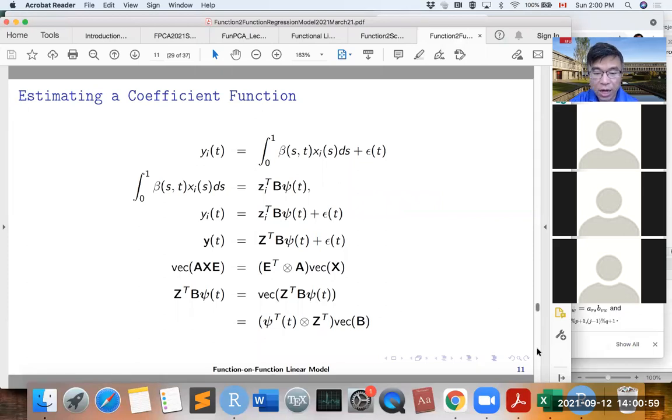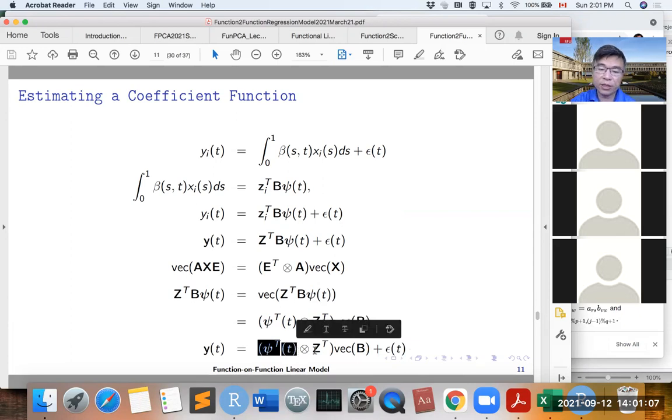Now we have this form. This psi t is known, a vector of the basis functions, and Z is also known, so the whole thing is known, and we can estimate the vectorization of the coefficient matrix B by doing least squares.